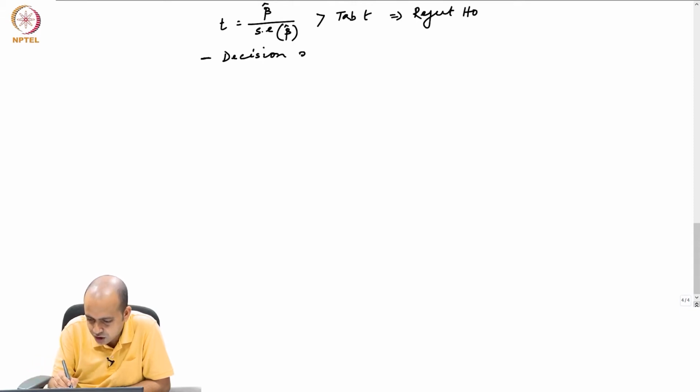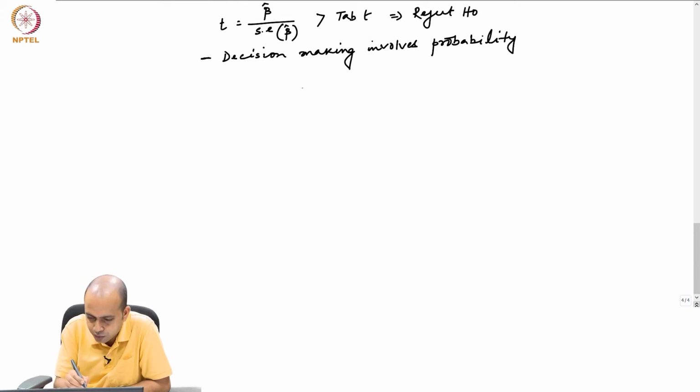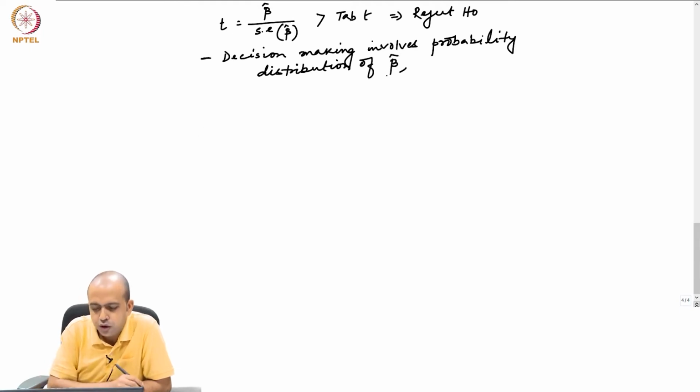Since the decision making involves probability distribution of beta hat, what will happen?